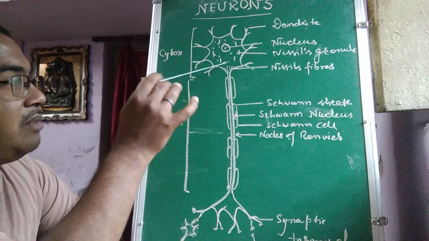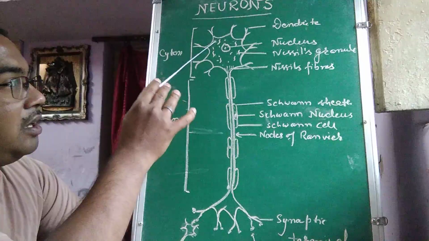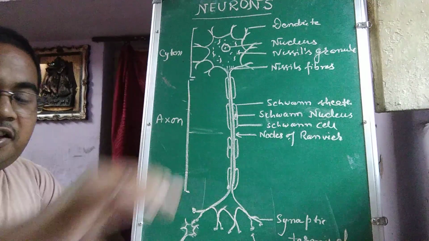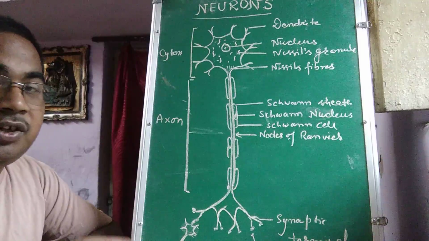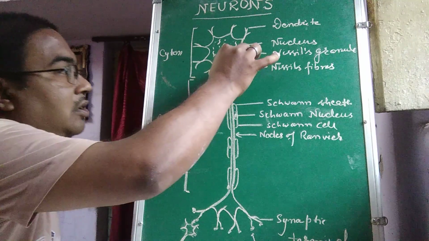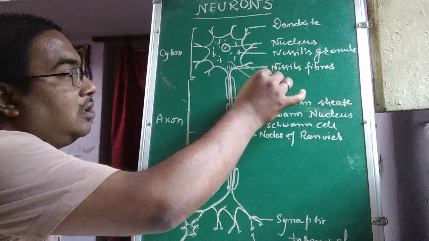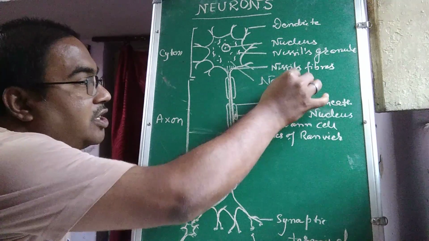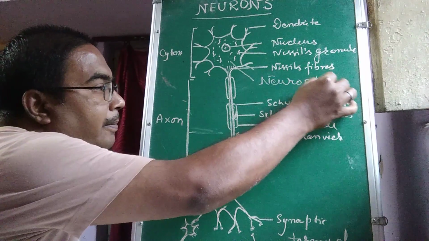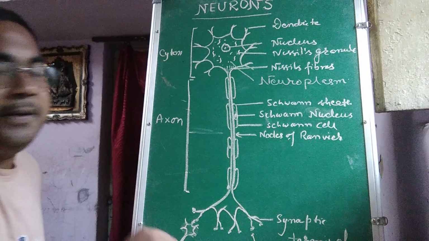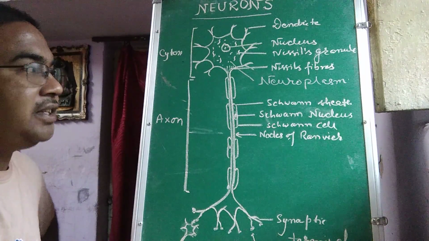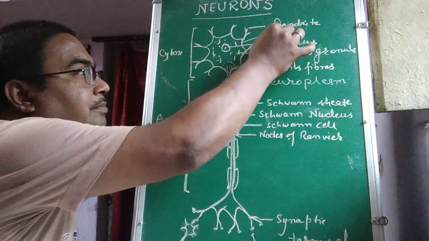The main cell body is filled up with cytoplasm, and here the cytoplasm of the neuron is called neuroplasm. The plasma membrane outside the neuron is called neurolemma.